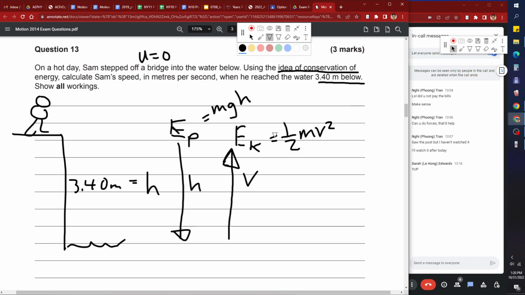It's changing from this to this. At the bottom, he's going to be exactly 0 height, so there's no more potential energy, and all of it is kinetic energy.